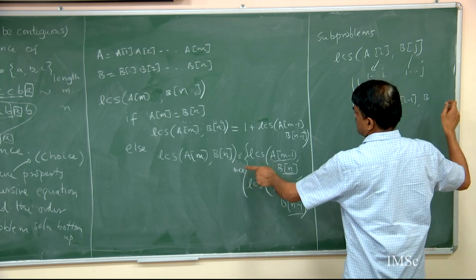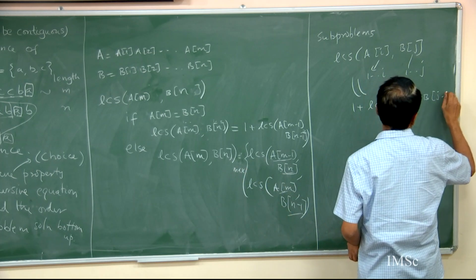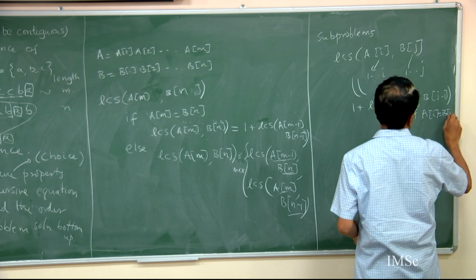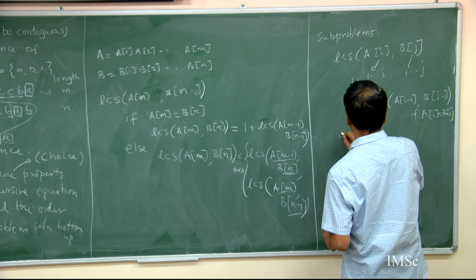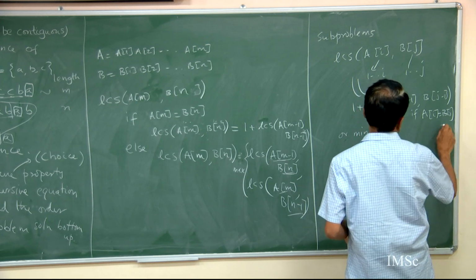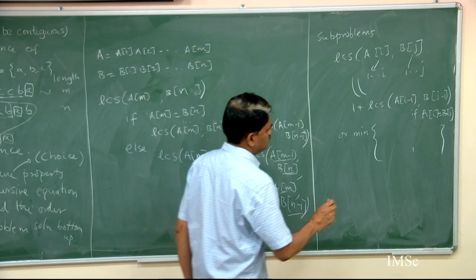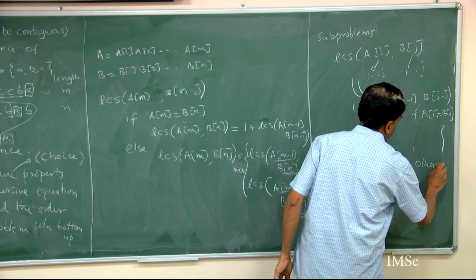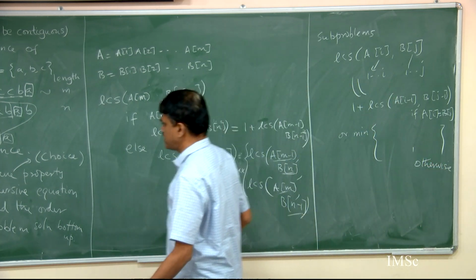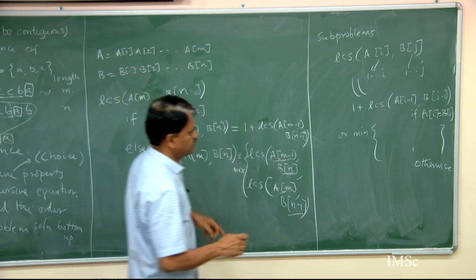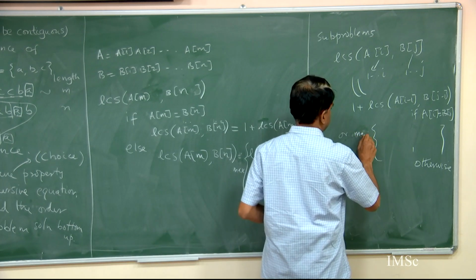So exactly this, instead of m and n, you can replace it by some intermediate, if Ai equals Bj, or max of some appropriate thing here otherwise. So you get the subproblems. What is the order in which you are going to compute this? Oh, sorry, max. Yeah. This one.